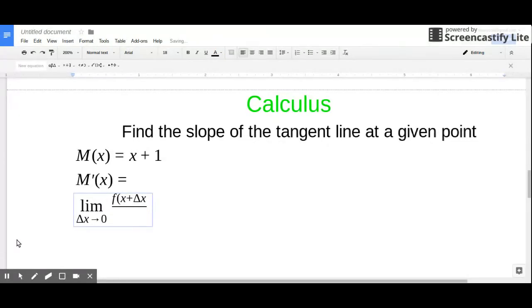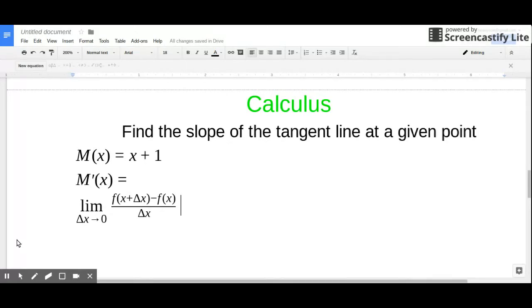I know I do. No, that was a minus. f of x, and it's all over delta x. Okay, and this is what we want to find here.